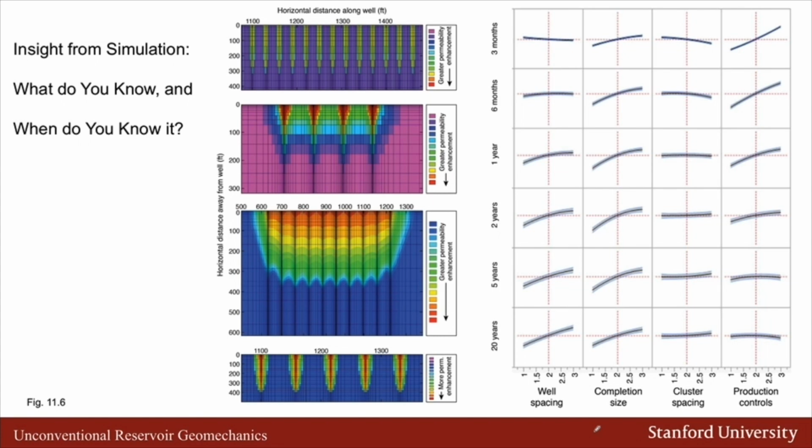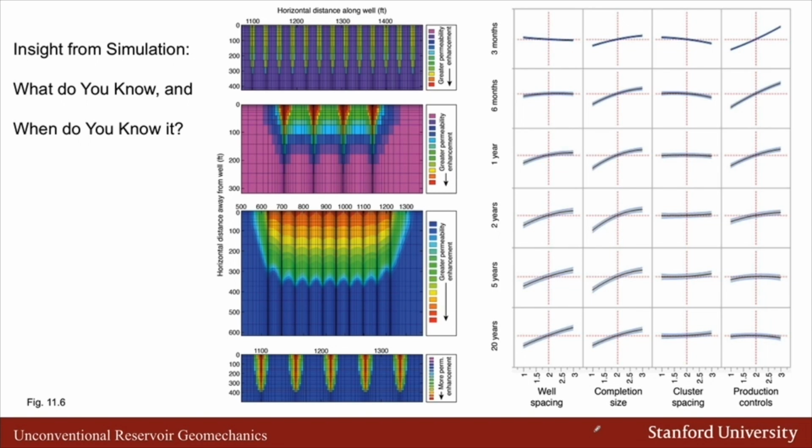And that's, I think, an interesting observation, and it tells us not to judge results, what we think is wells being too close or too far, based on, say, the first year of production. It may be premature, and the right well spacing may not be evident until longer periods have elapsed.